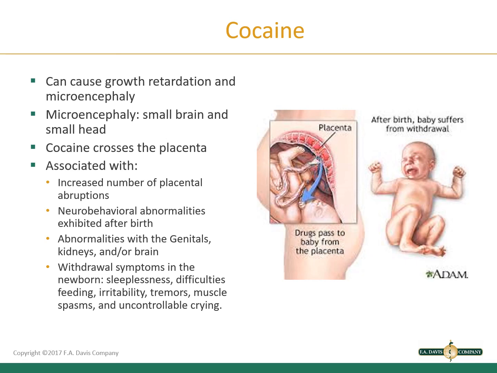The problems can include growth retardation and microencephaly, which is a small brain and small head. It's associated with an increased number of placental abruptions. This is a serious condition in which the placenta separates from the wall of the uterus before birth.